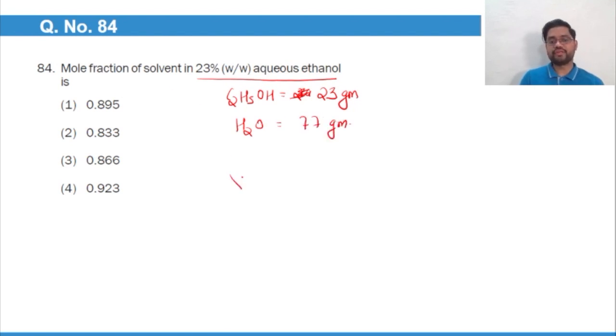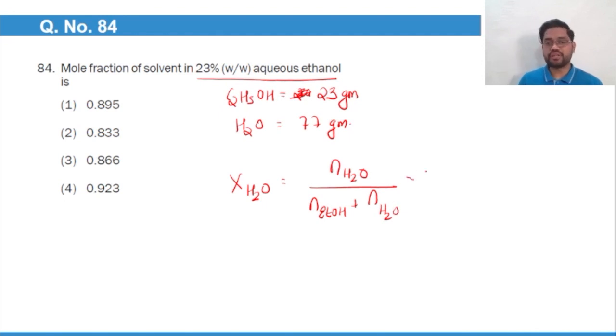Mole fraction of water, XH2O, will be equal to moles of H2O whole divided by moles of ethanol plus moles of H2O. Number of moles of water will be 77 by 18, whole divided by 23 by 46 plus 77 by 18.